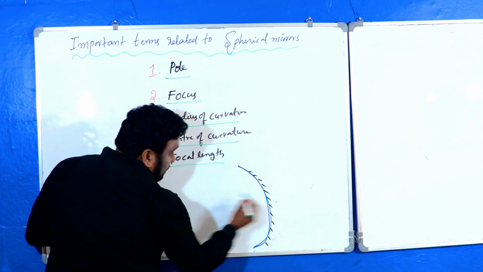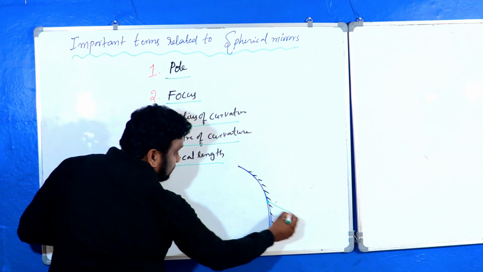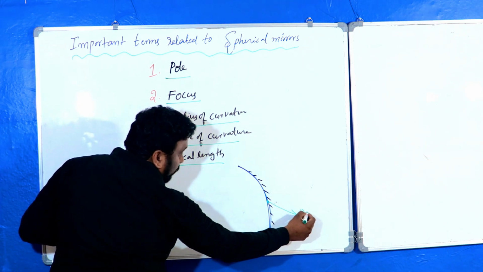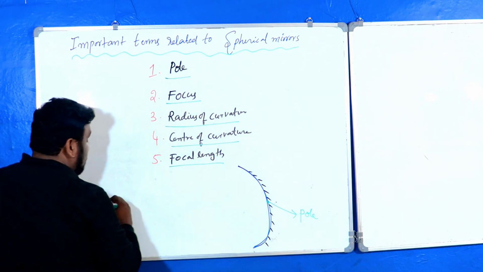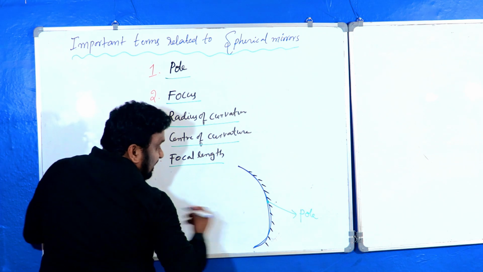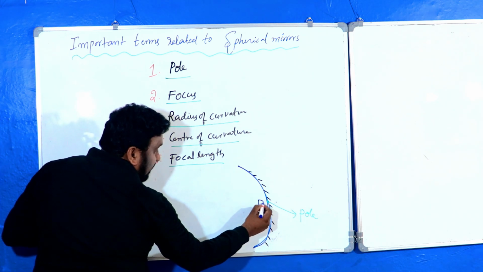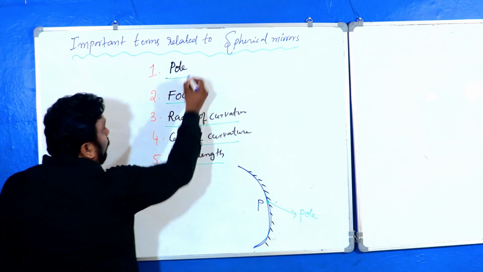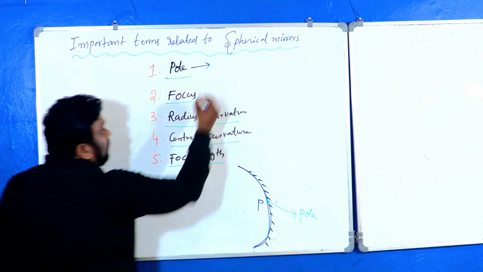So this is the midpoint of the mirror. That is called the pole, and it is represented by the symbol P.